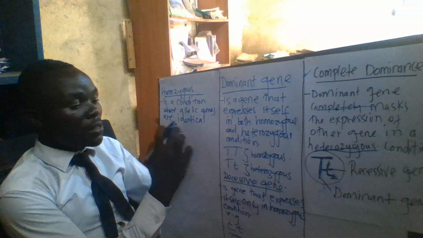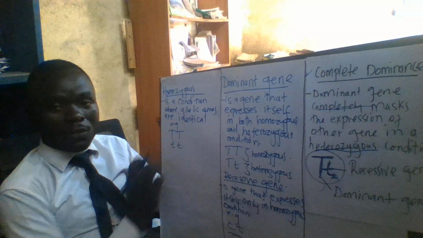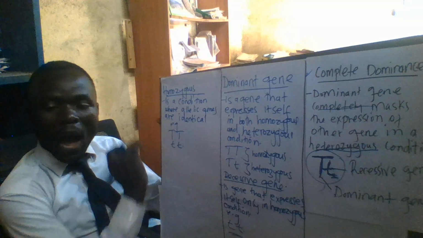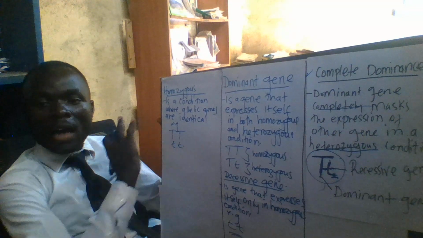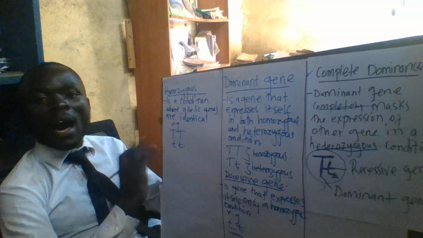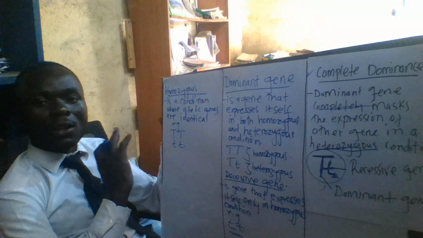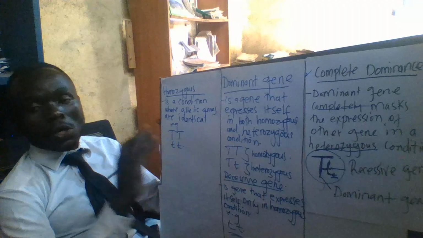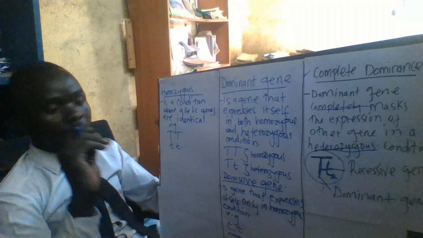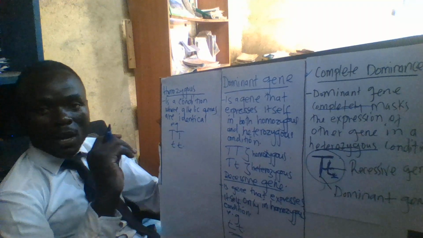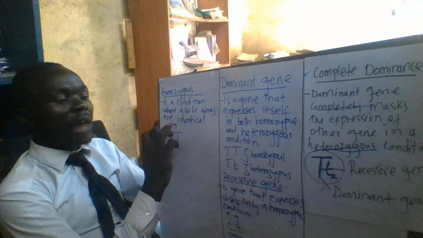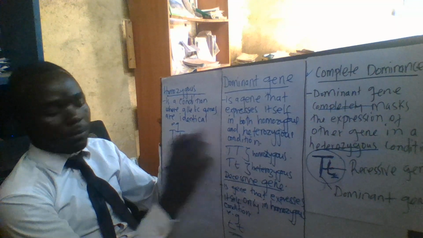So this is what we refer to as homozygous, because they look the same, they are identical. It's a homozygous condition where you find allelic genes are identical.